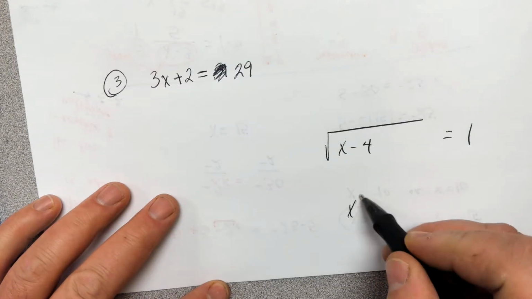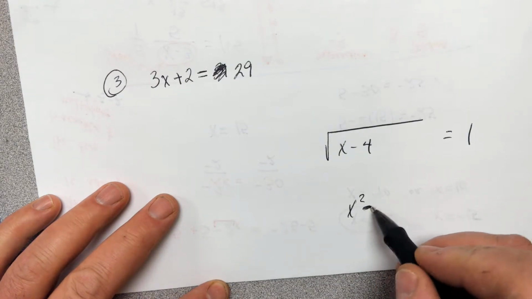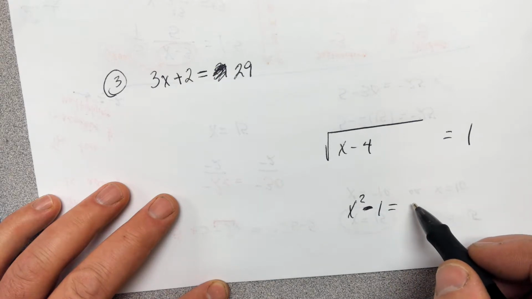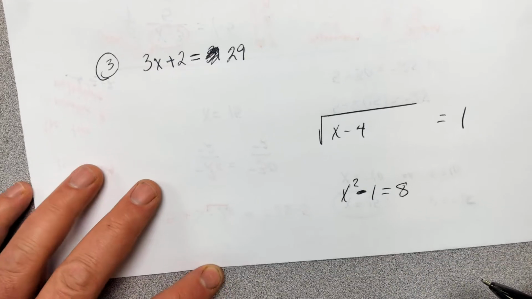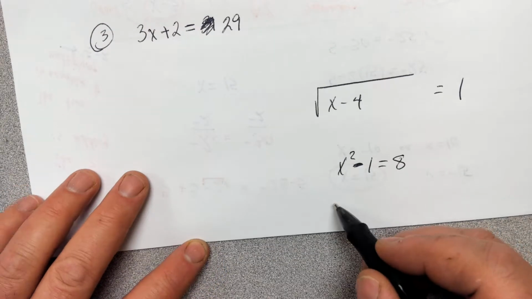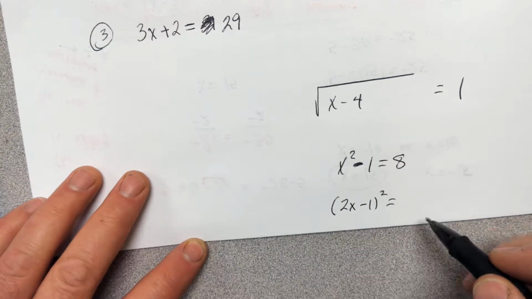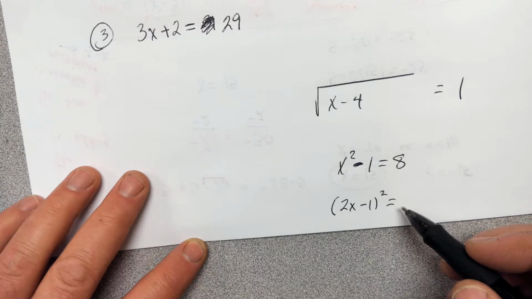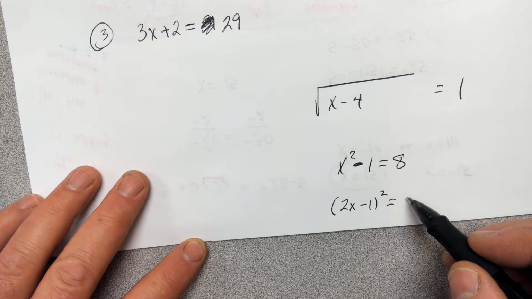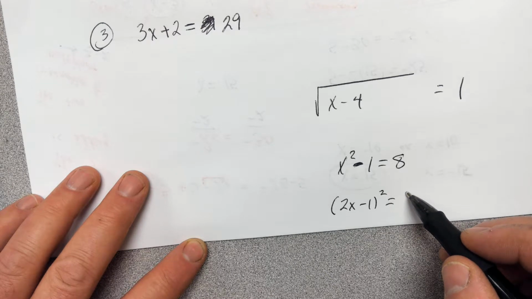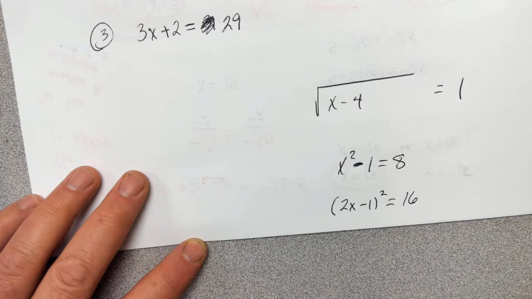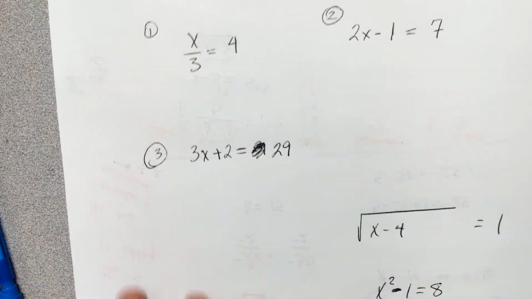Or x squared minus 1 equals 8? Yeah, that one. Or 2x minus 1 squared equals, let's say, 16? Yeah, like those? Okay, we'll do those right now.